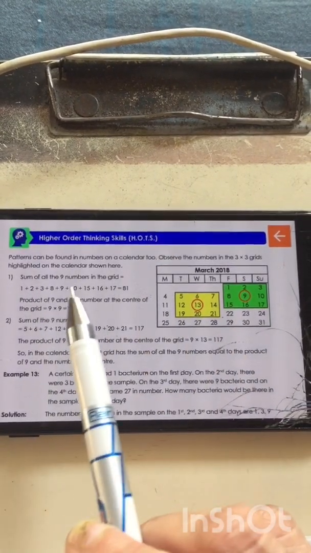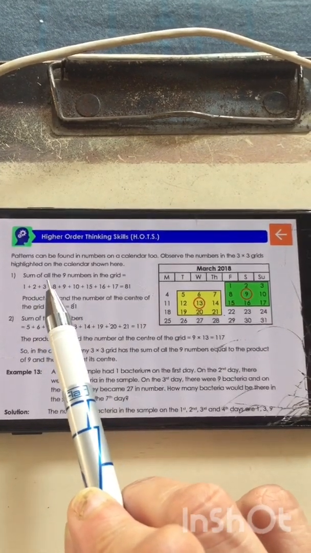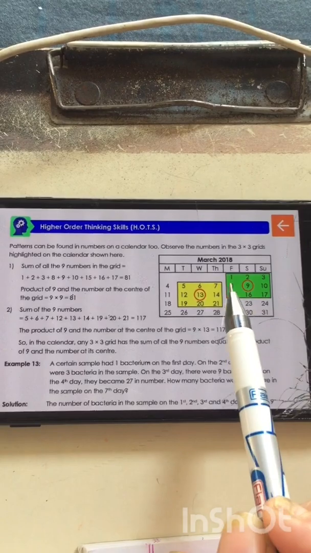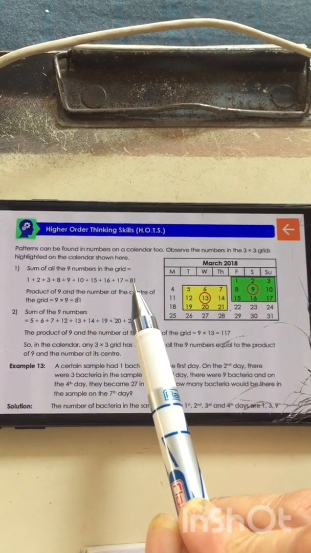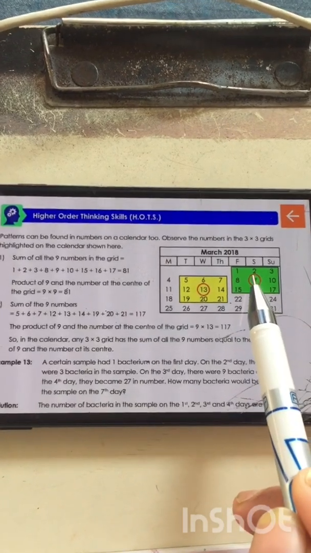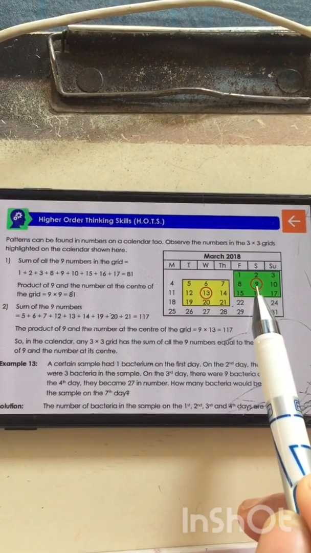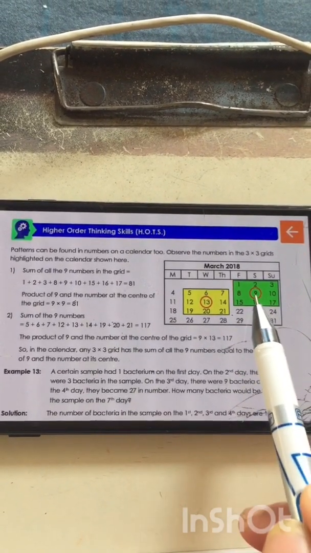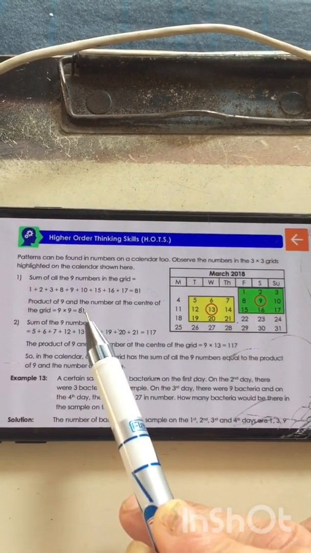Now let us see the sum of all the 9 numbers in the grid. They have added all these 9 numbers and they get the total 81. They have circled this 9: the center number into 9 numbers will give you 81.